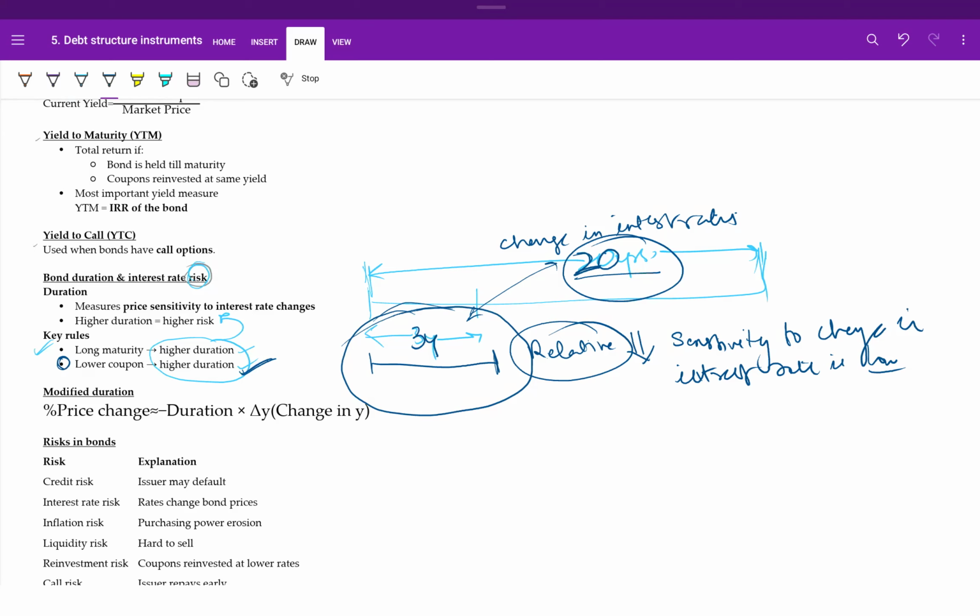If I try to explain it here, it will be very vague, and you will not be able to understand how a lower coupon rate affects the higher duration. Just try to understand the key rule here, that higher duration means higher risk.